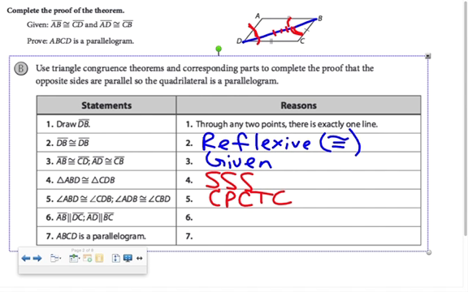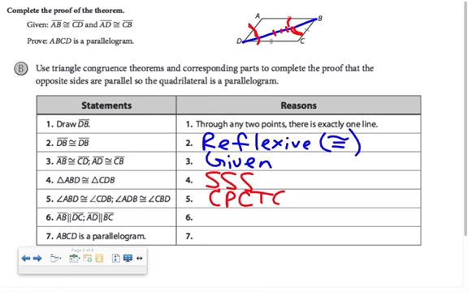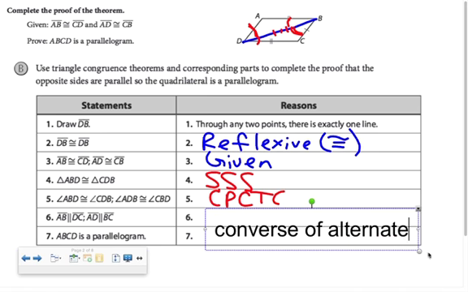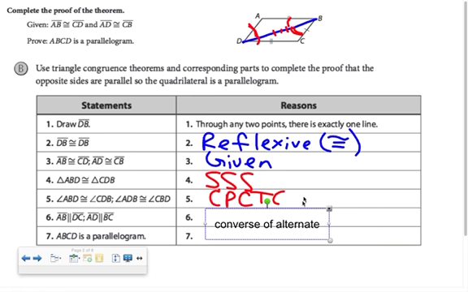It's the same kind of angles, but since we're using the angles to say that the lines are parallel, you want to be really careful and make sure you're saying that this is the converse of the alternate interior angles theorem.